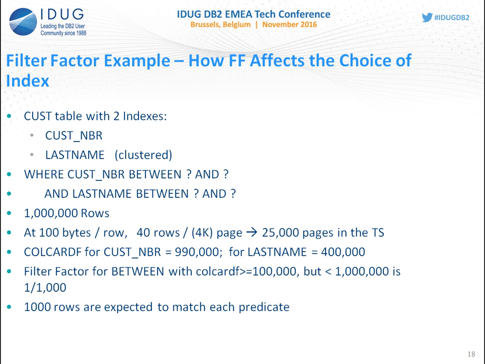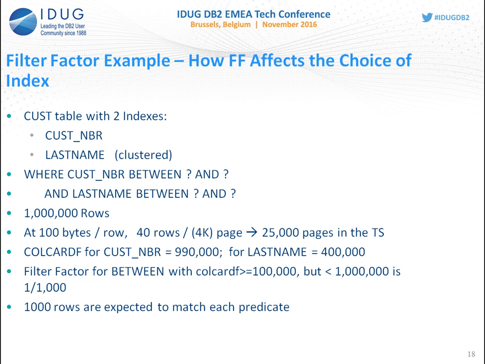If DB2 uses the index on last name, those 1,000 rows are going to fit on approximately 25 pages, 40 rows per page. And DB2 will have to do logical reads or get pages on those 25 pages, and at most 25 IOs if they're not in the buffer pool.